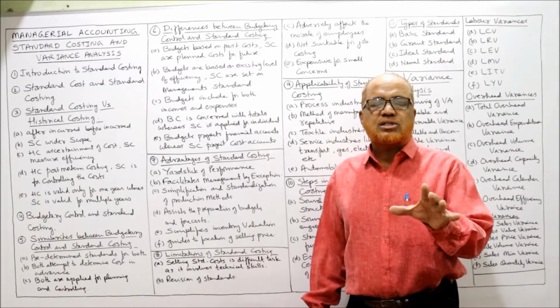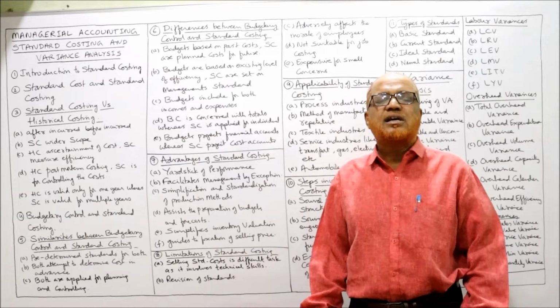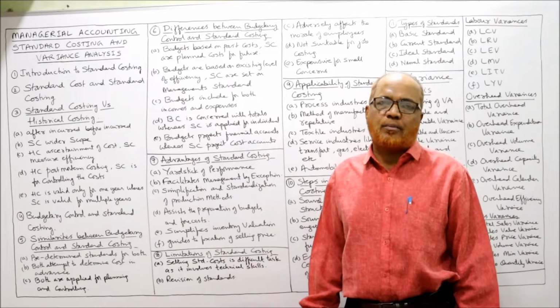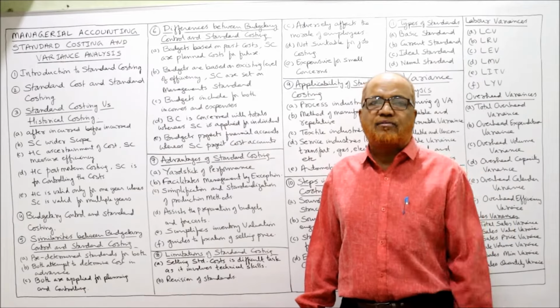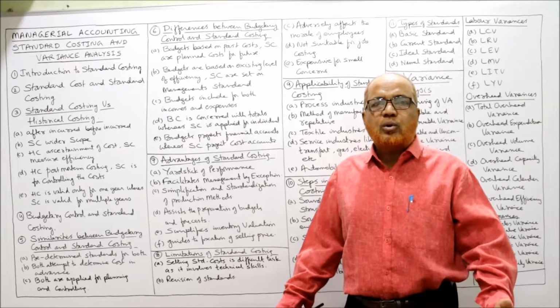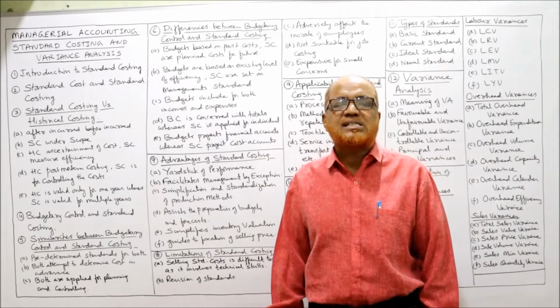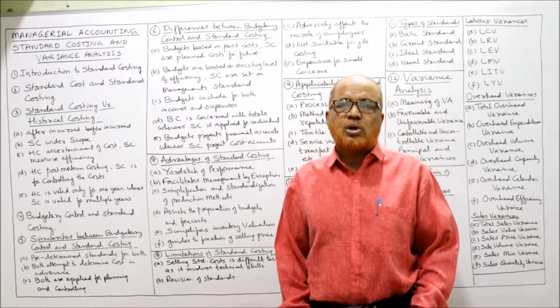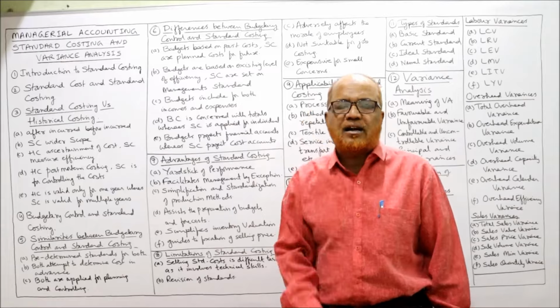This standard costing, first of all, the biggest benefit of standard costing is it's a measure of performance. Time to time, we have to evaluate the performance of different departments, different cost centers. So how to evaluate the performance? By comparing the actual performance with the standard performance. So before an activity is performed, we will set the standard.